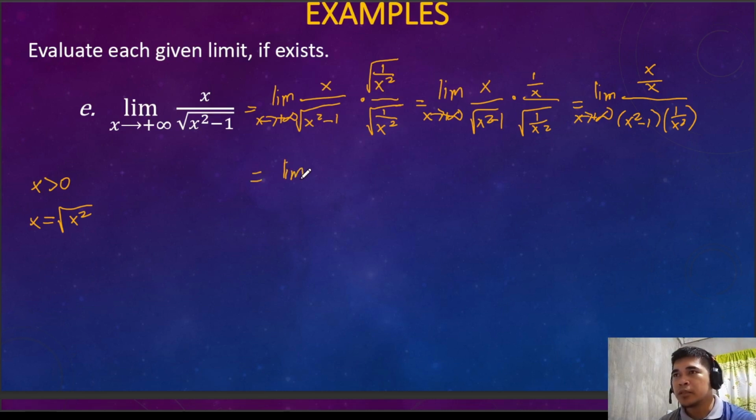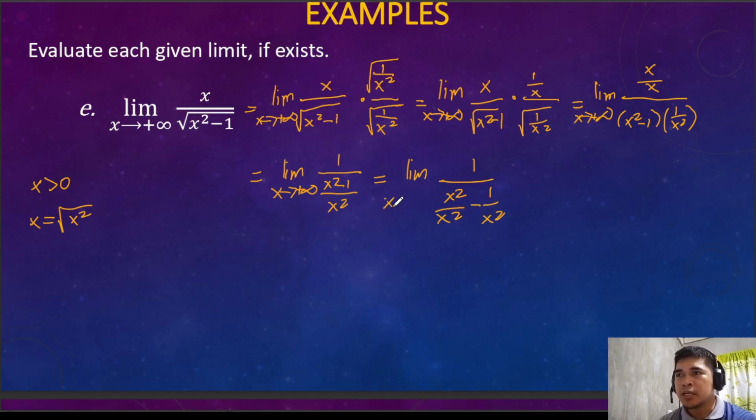Okay, so I have the limit of 1 over x squared minus 1 over x squared as x approaches positive infinity, equals the limit of 1 over 1 minus 1 over x squared as x approaches positive infinity.